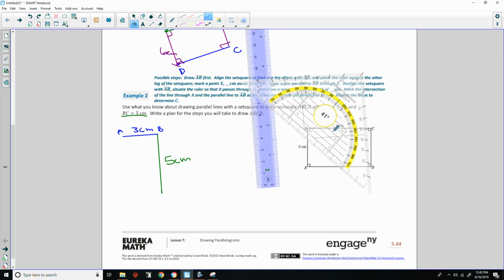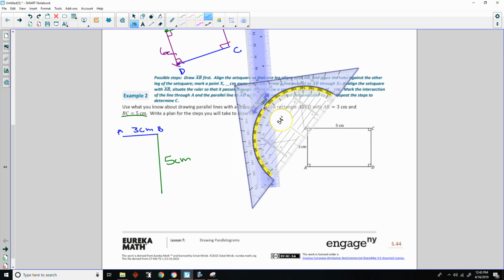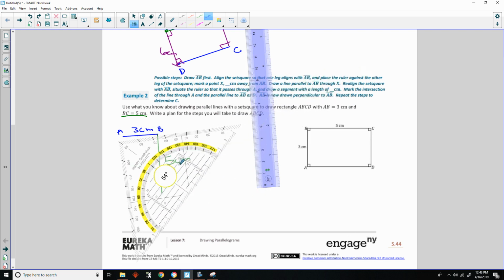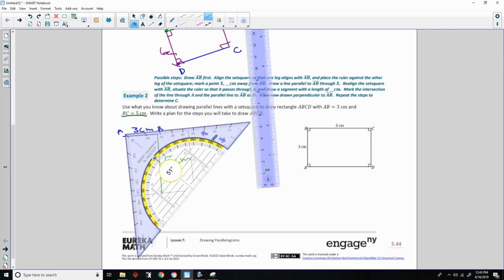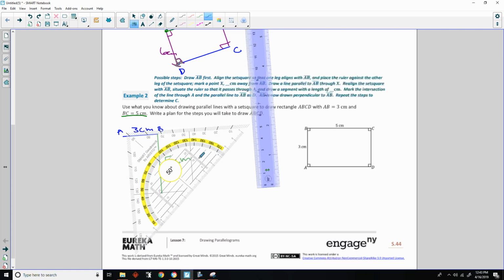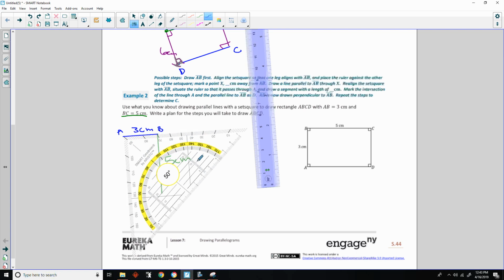And then what I can do is rotate my square around the other way, bring it over and line up the corner with A, like so. And draw a segment from A down.